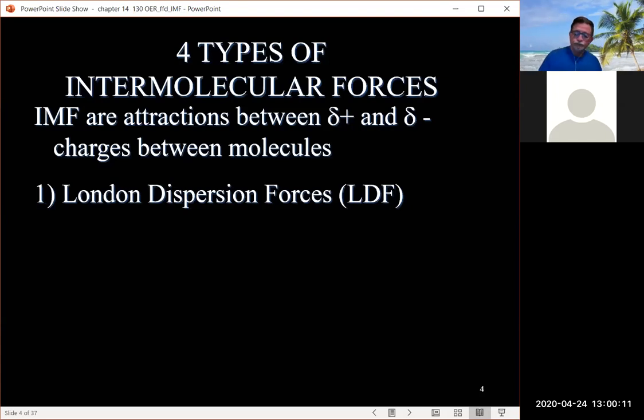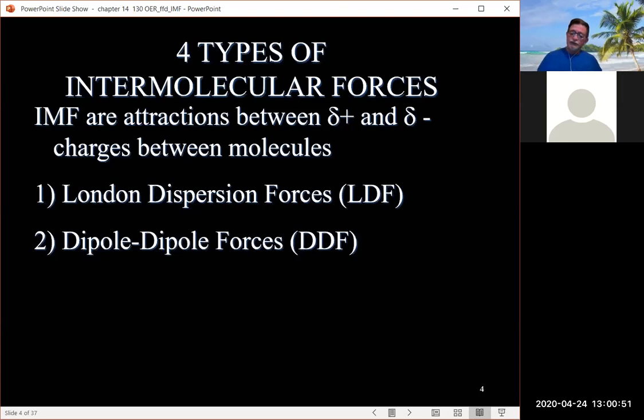The other one is the carbon-hydrogen bond. So the carbon-hydrogen bond and the diatomic molecules all have London dispersion forces, but basically any nonpolar compound. There are compounds that have polar bonds, but because the polar bonds cancel each other out, they are nonpolar overall. We'll do some examples of that later on, which means the only force they have is the London forces.